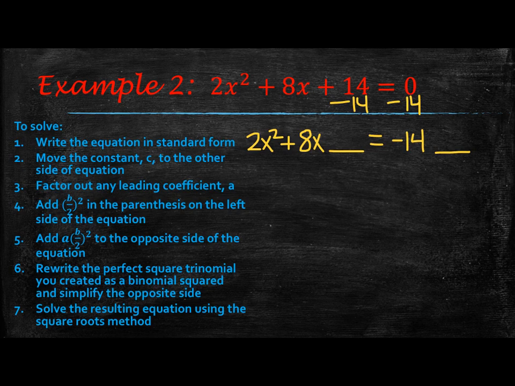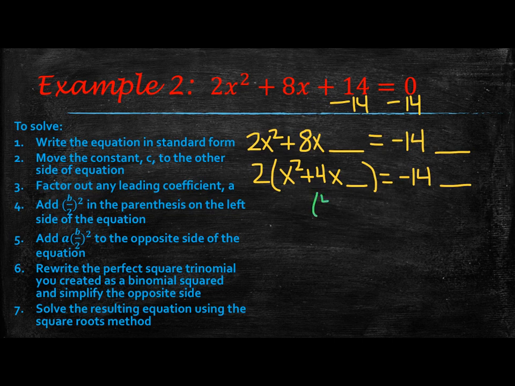Then we need to divide out our a. So we're going to divide out 2, and we'll be left with x squared plus 4x space, still equal to that -14 space.